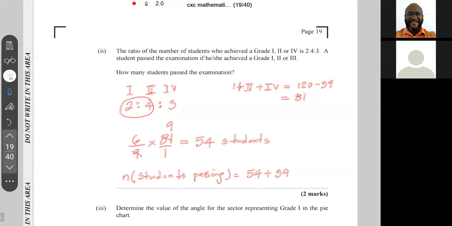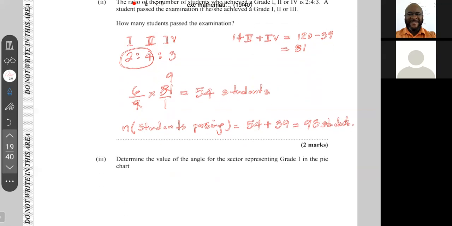This is 93. A total of 93 students passed the exam.